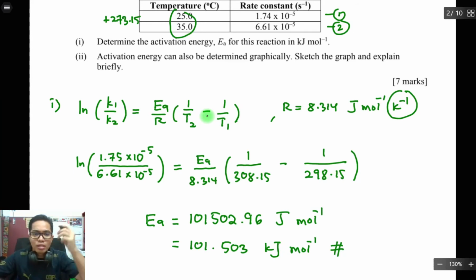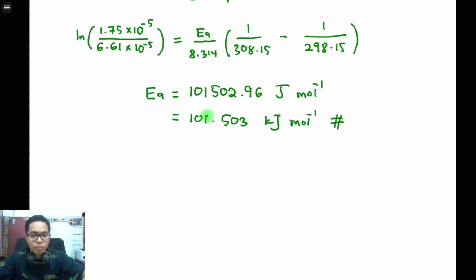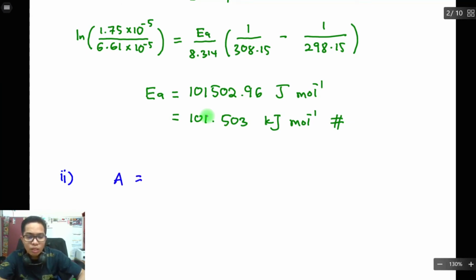Next, let's look at question number 2. It says the activation energy can also be determined by graph. Sketch the graph and explain briefly. If we are plotting a graph, we should use the original equation: rate constant k equals Arrhenius constant A times exponent negative EA divided by RT.